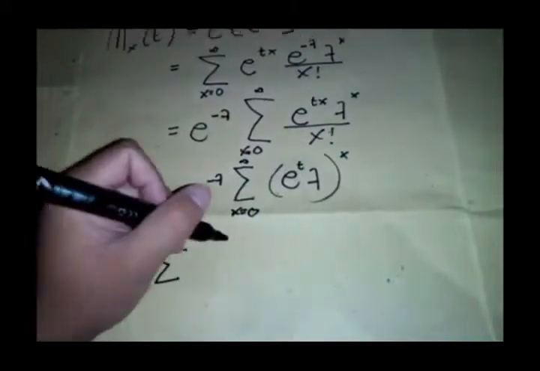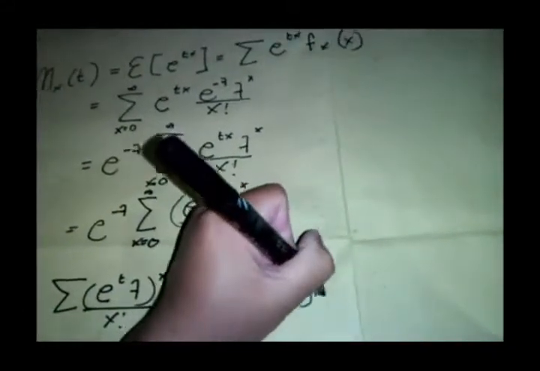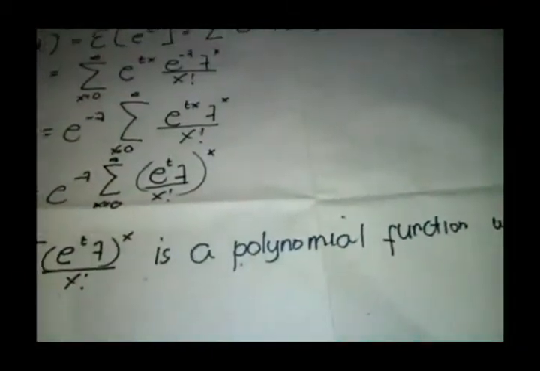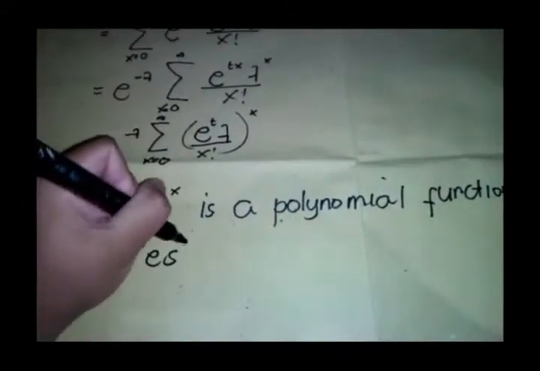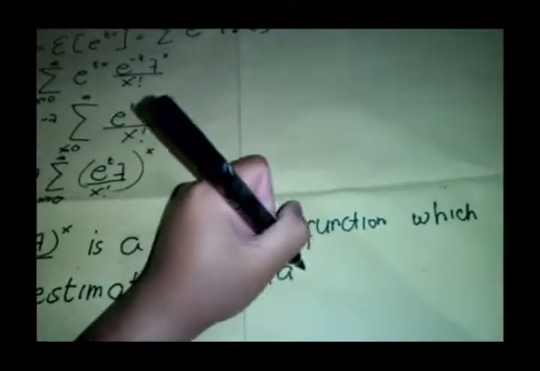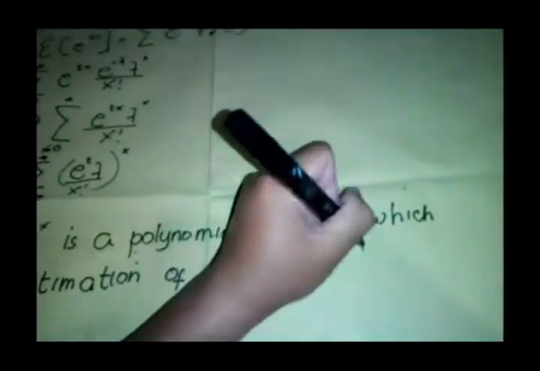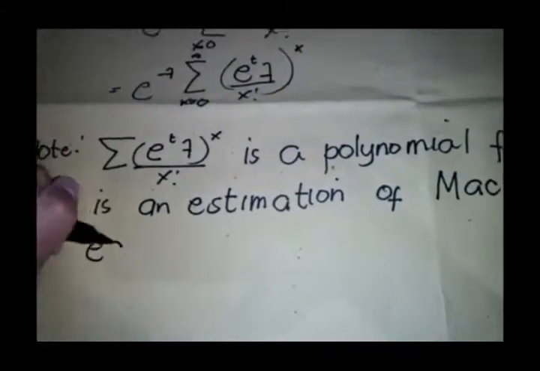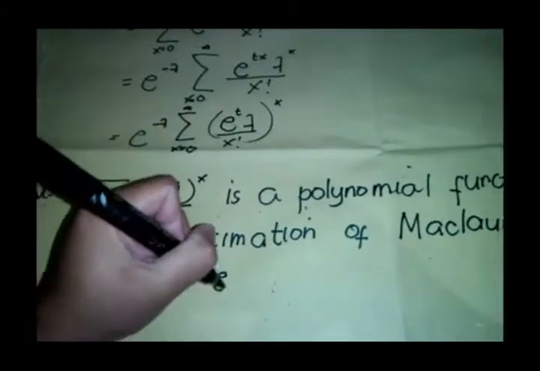Note that the summation of e to the power of t times lambda, quantity to the power of x over x factorial, is a polynomial function which is an estimation of the Maclaurin series of the equation e to the power of y.